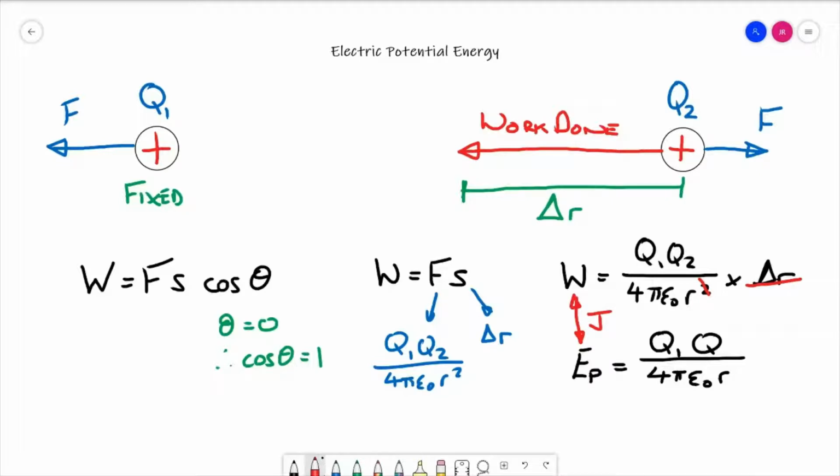So now what we're left with is an equation for electric potential energy, and that will be the electric potential energy at a certain point.